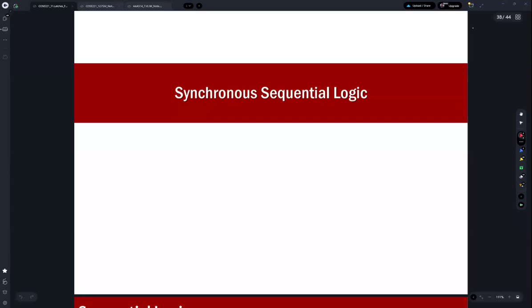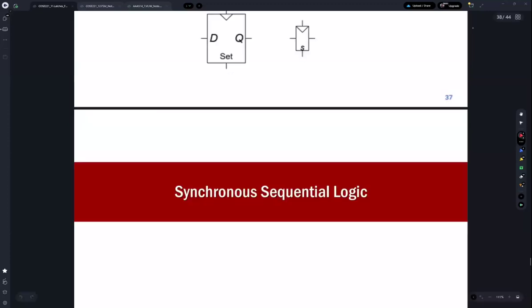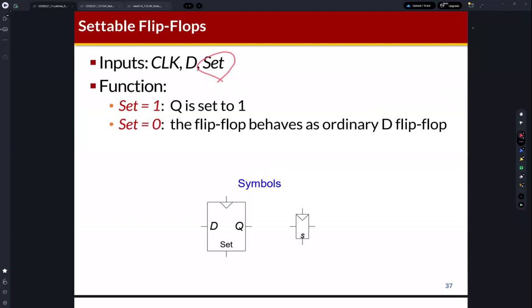Okay, let's review what we learned in the previous class. So we learned about the various types of flip-flops, D flip-flops, right? I mentioned that we frequently use flip-flops in our digital design, and I also explained why.